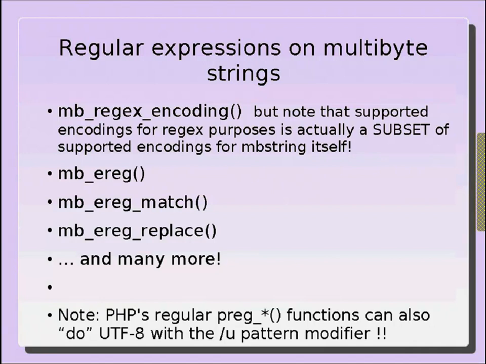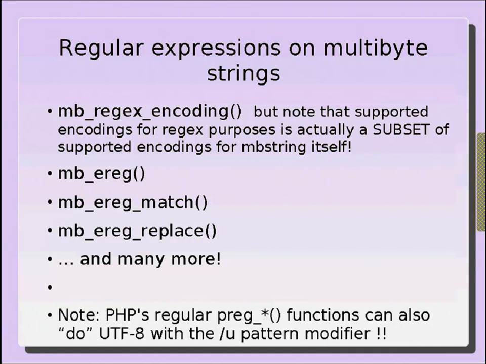So let's have a look at the mb functions that will work on these. Okay. We've got mb_ereg, mb_ereg_match, mb_ereg_replace, and many, many more. Interestingly, there's another internal mbstring setting that we have to play with here, which is the regex encoding.